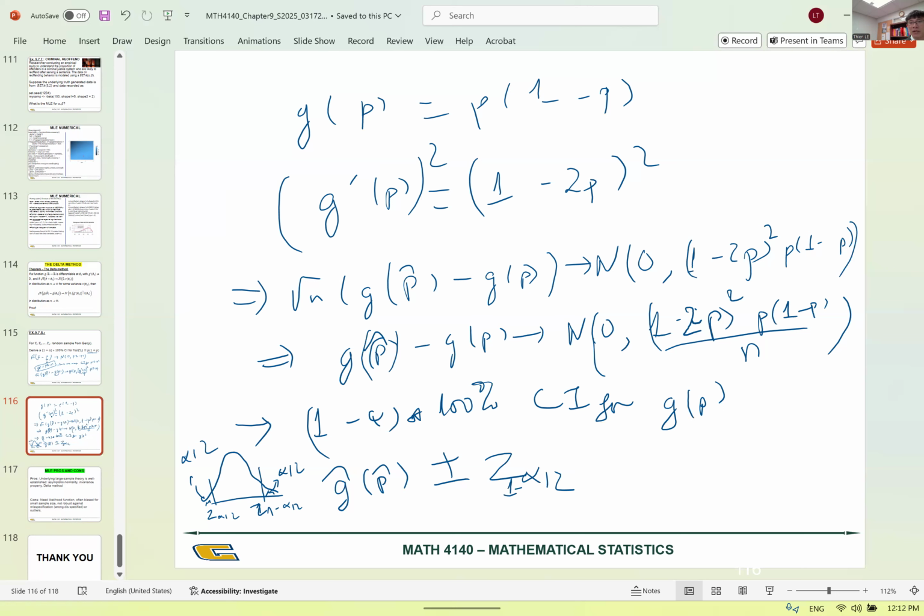But because the true P is not available, we can use the consistent estimator of P, which is P hat, and plug it in. So basically the square root of P hat times (1 minus P hat) divided by n. So this is your 1 minus alpha times 100% confidence interval.